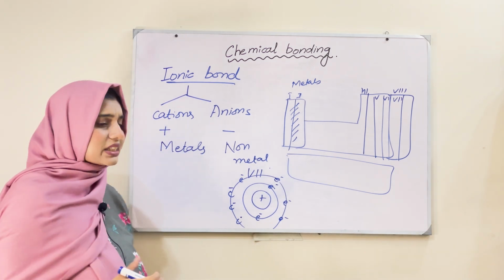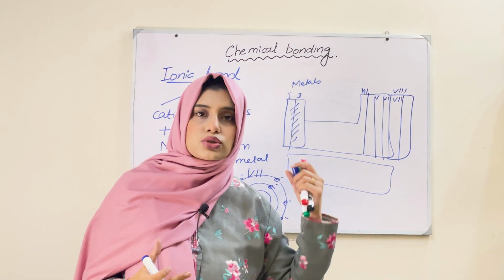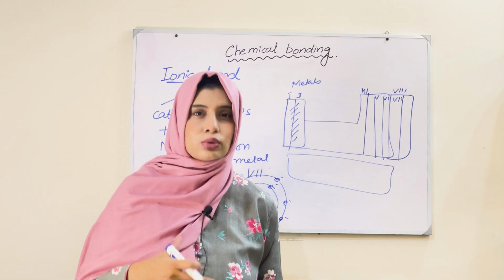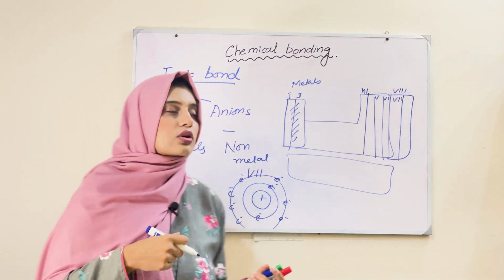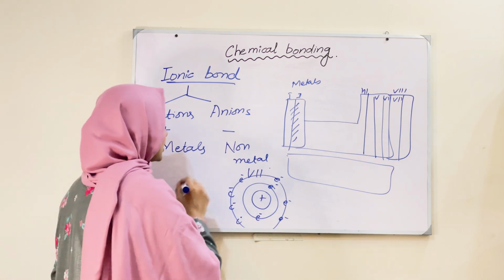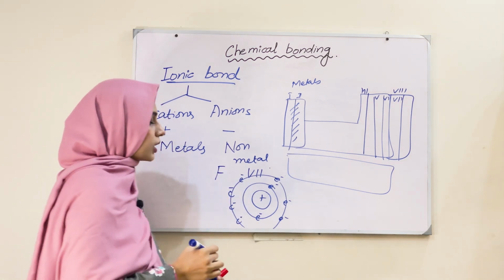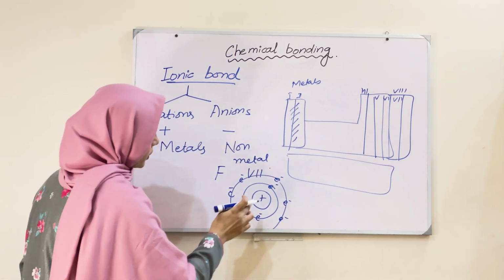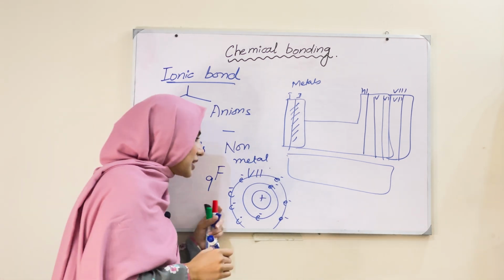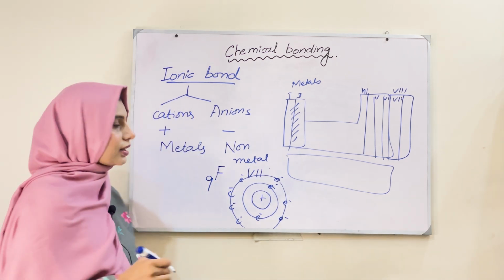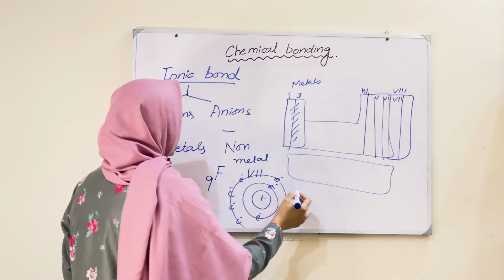So is it easy for this element to get 1 electron or to lose 7 electrons? Obviously to get 1 electron. This is fluorine. It has atomic number 9. It has 9 protons and 9 electrons, right? So it will get 1 electron.